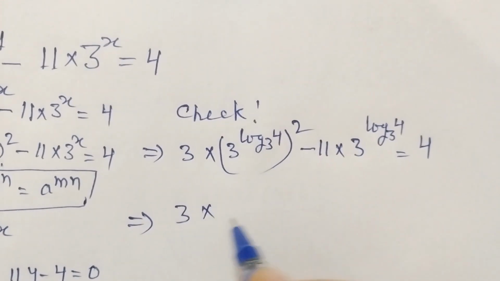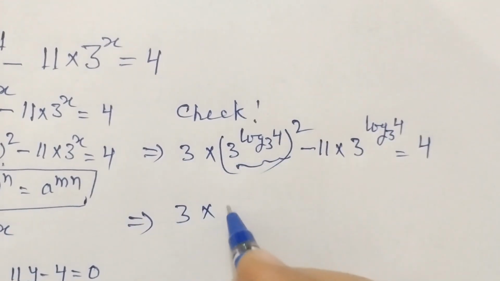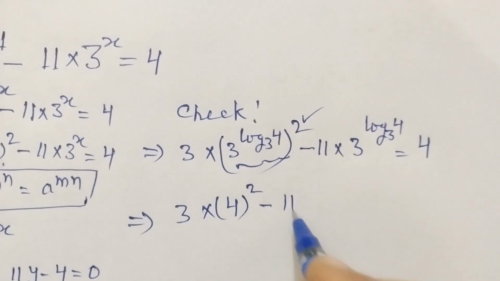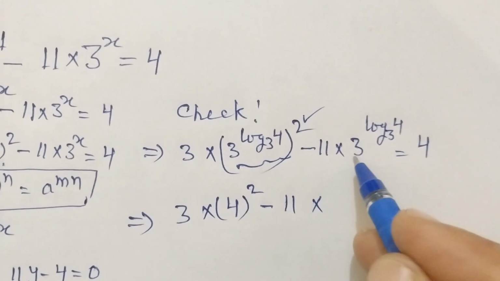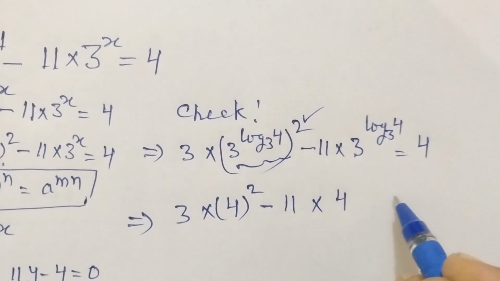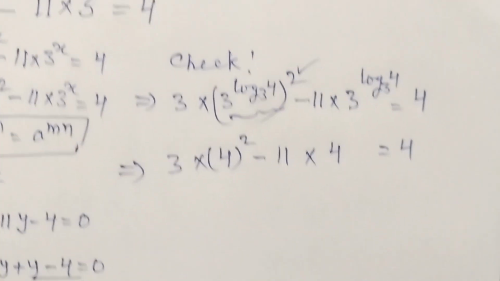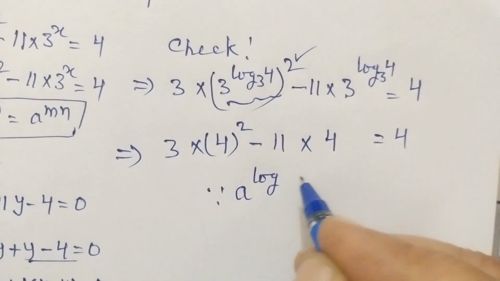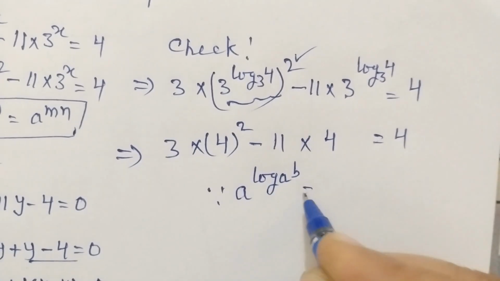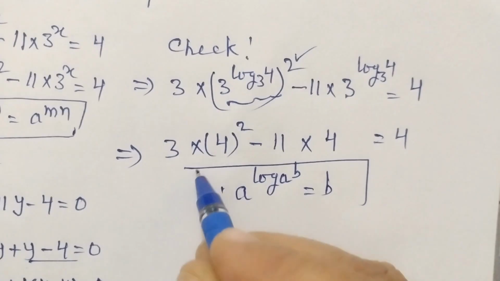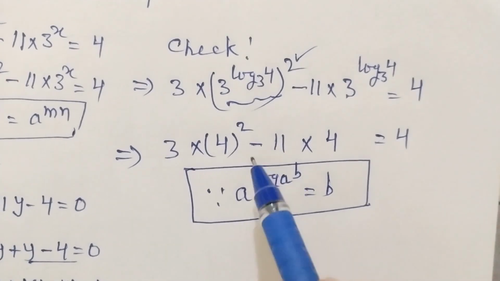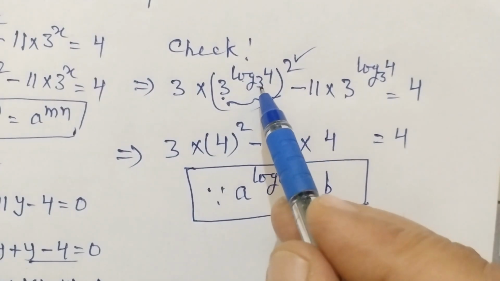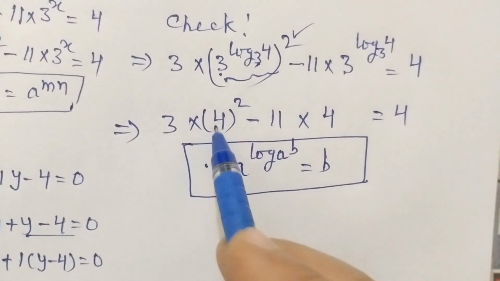So 3 into this is equal to 4 square, minus 11 into this is equal to 4, because a to the power log of b base a is equal to b. So this value will be equal to 4.